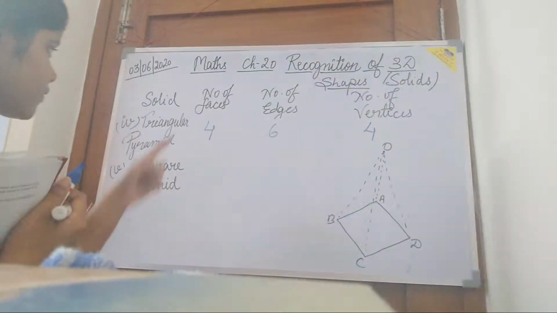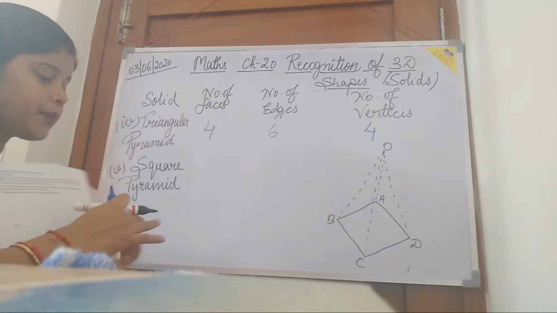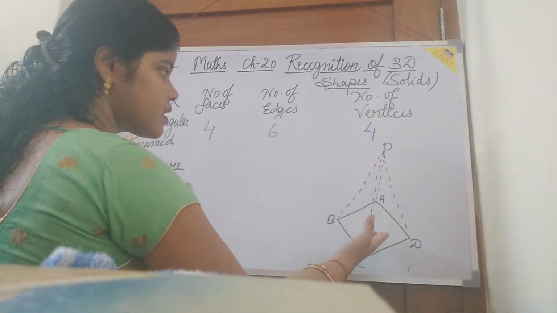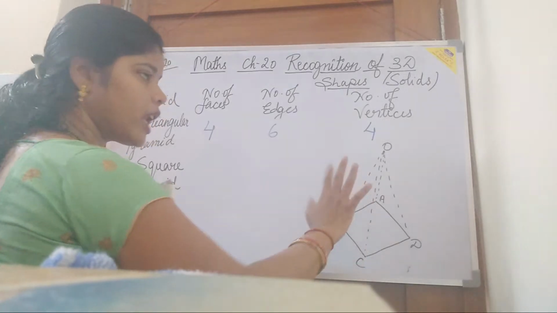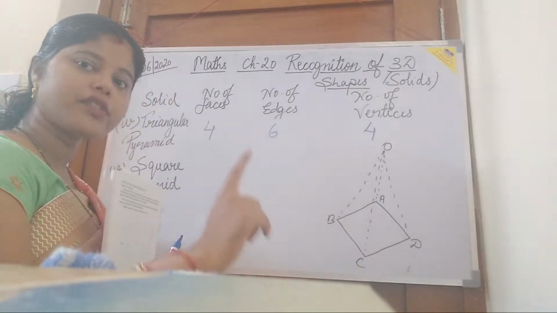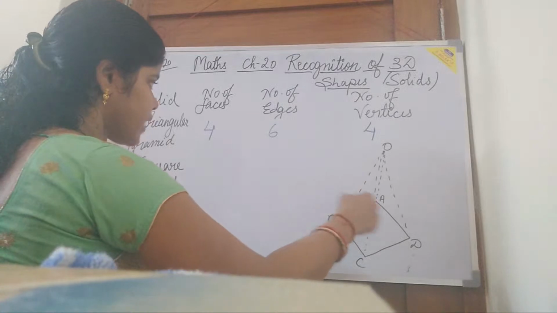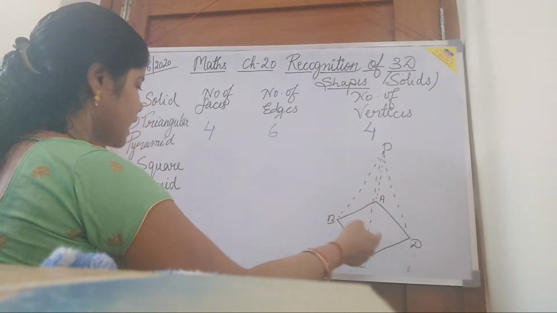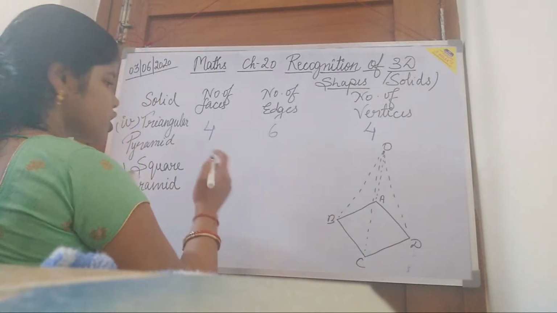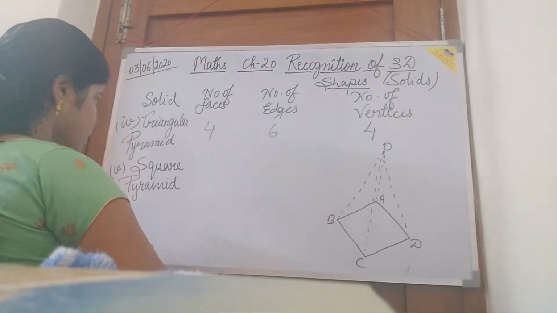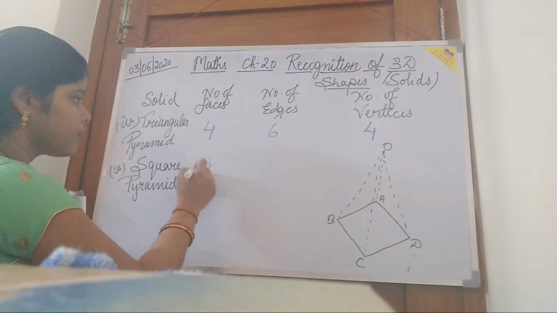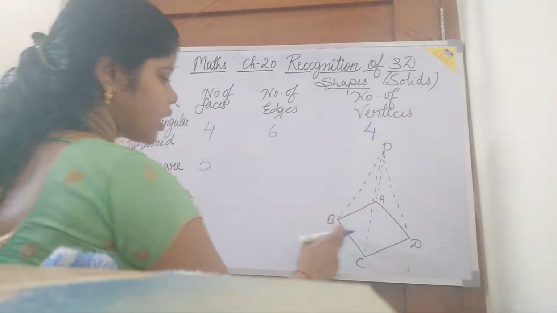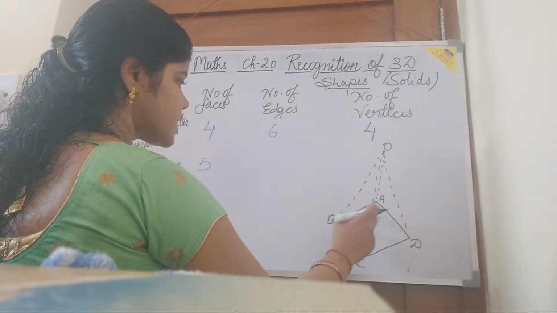So how many faces in a square pyramid? One is a base face, that is in square form, and how many sides? 4. So 4 lateral faces we have in triangular form. So 4 plus 1, 5. So here we have the number of faces for a square pyramid as 5. Number of edges 1, 2, 3, 4, 5, 6, 7, 8.